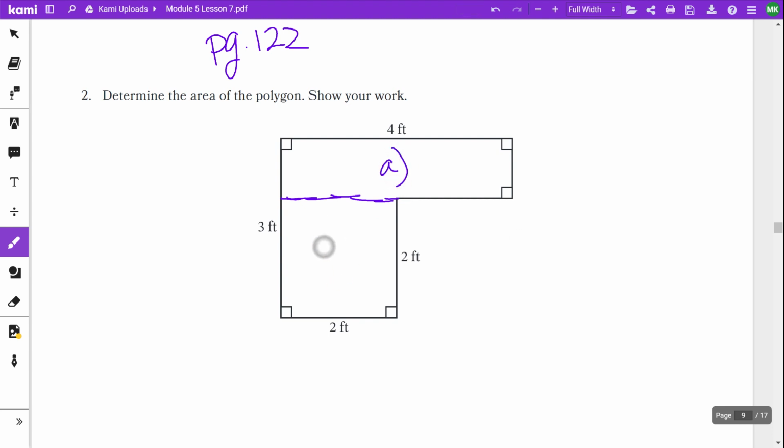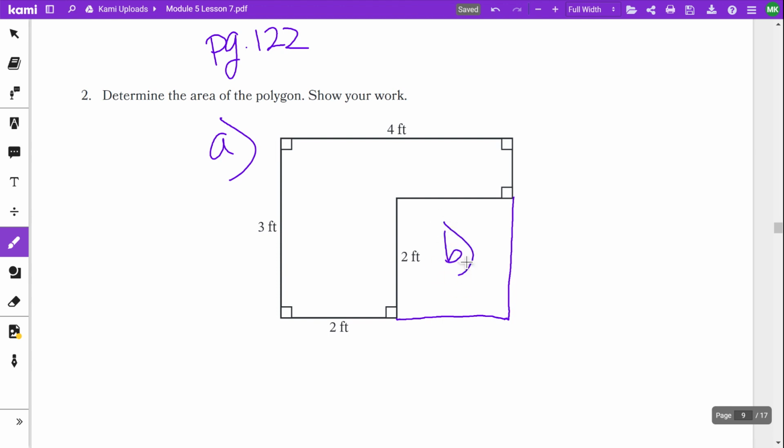Or if you really get creative, you can say, what if I make this whole thing one big rectangle? So I have rectangle A, which is the whole thing, and then I subtract this piece. If it's 2 and the whole side is 4, that means this piece is a square, because 2 plus 2 gives me my 4.